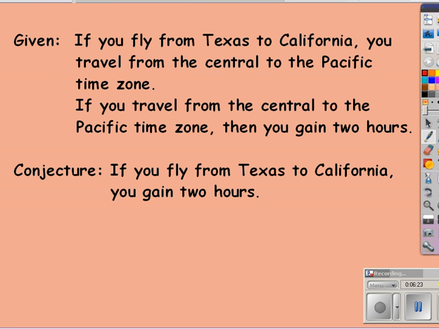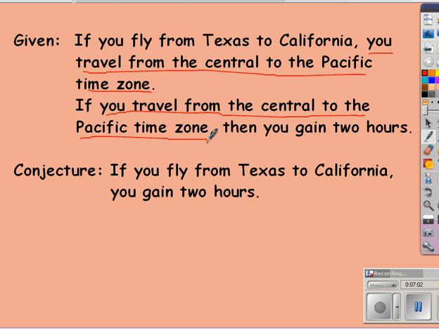Now I'll give another example. Again, two conditional statements. If you fly from Texas to California, you travel from the Central to the Pacific time zone. If you travel from the Central to the Pacific time zone, then you gain 2 hours. Their conjecture, if you fly from Texas to California, you gain 2 hours. Again, we look at the conclusion in the first conditional, you travel from the Central to the Pacific time zone, and the hypothesis in the second conditional, you travel from the Central to the Pacific time zone.